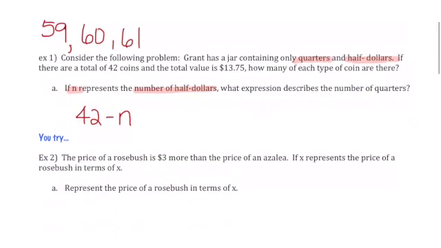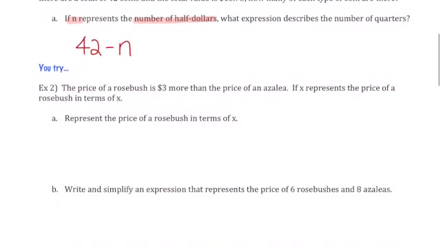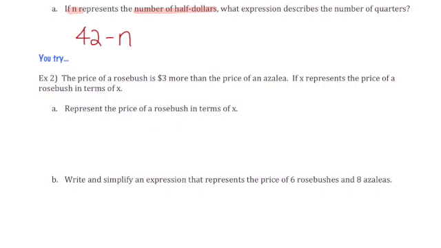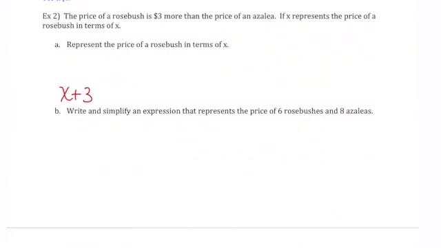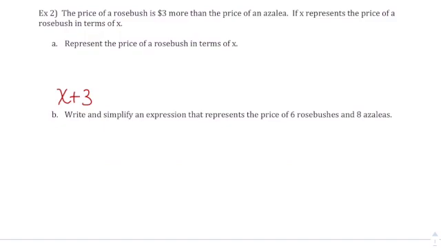Okay, now you try example number 2. And if you don't want the answer, you should pause right here. The answer is x plus 3 for A, and the answer is 14x plus 18 for B.